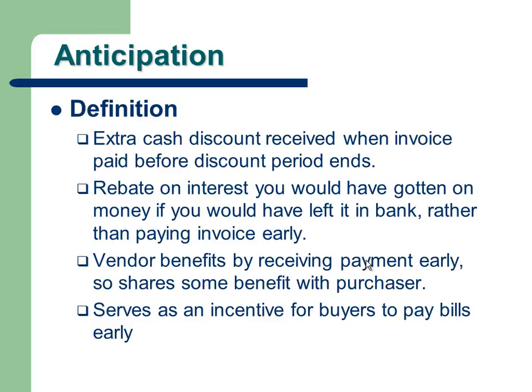And that's the concept of anticipation. The amount of anticipation is basically the amount of rebate that corresponds to the amount of interest the buyer might have gotten if they had left that money in the bank instead of paying the bill. As much as that will be rebated back to the buyer, and that determines the anticipation amount.